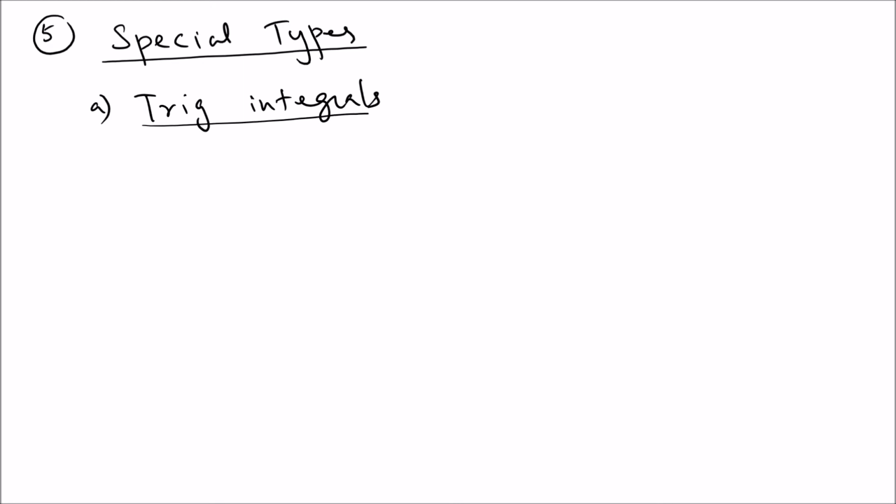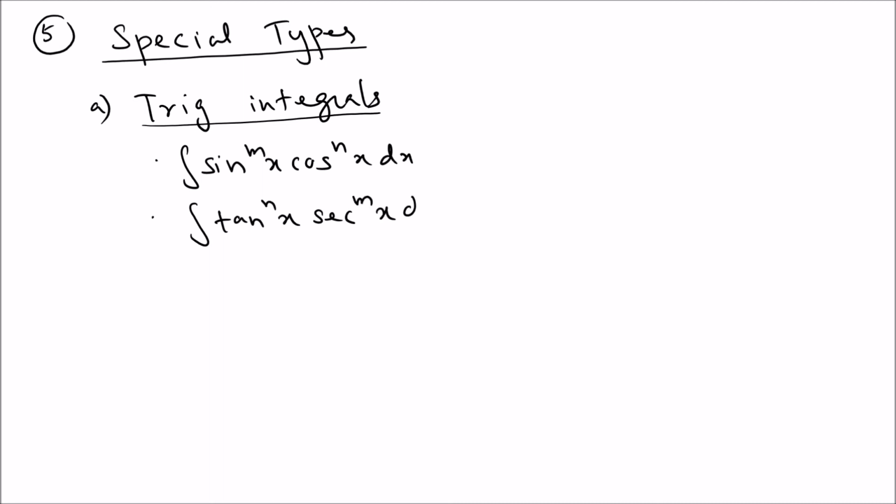We studied this earlier, so this is like a recall. Under trigonometric integrals we studied sine mx cosine nx dx as the first one, and then we went to tan nx secant mx dx, and similarly we can do cotangent nx cosecant mx dx, and finally we talked about products, sine mx cosine nx dx.